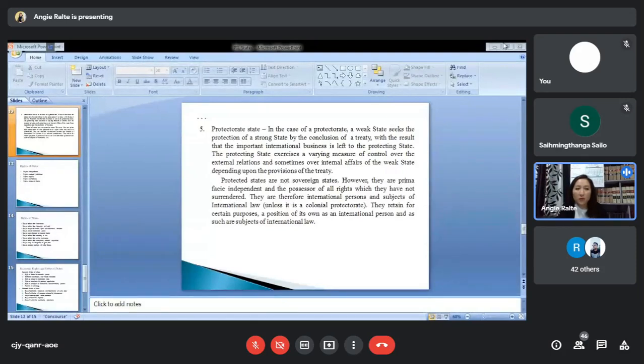The terms of the treaty between the two states cover only the external relations, and sometimes the internal affairs of the weak states depend upon the provisions of the treaty.